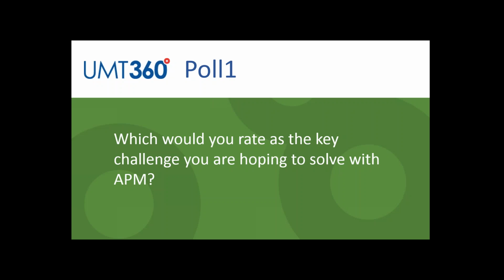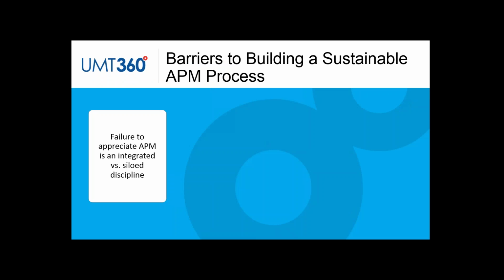So let's return to the slides. We looked at some of the key challenges. Let's now look at the barriers to building a sustainable APM process. What I've seen many times is when APM is implemented in an organization, it seldom becomes a sustainable process, a process that becomes ingrained in your annual IT planning and budgeting.